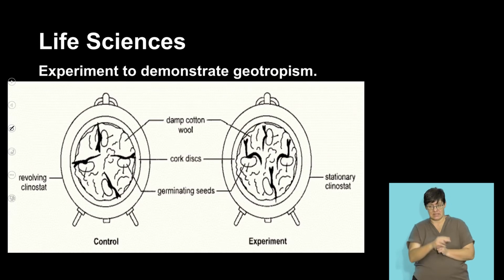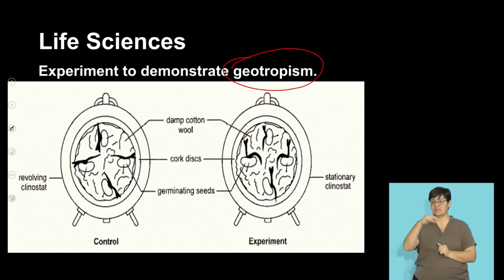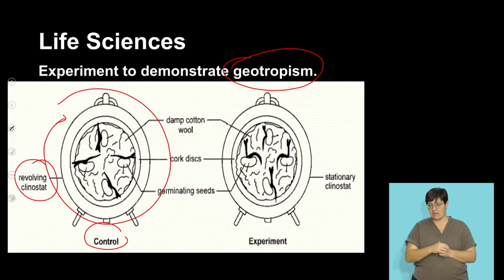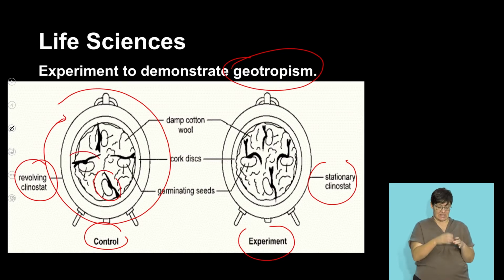We also can see that in seeds, where we see geotropism occurring in a similar way. So here we've got in the control a revolving clinostat which is constantly turning, and here in the experiment we've got a stationary clinostat. These seeds are placed in specific directions, and you would notice that the germinating seeds all tend to grow towards gravity in this direction.